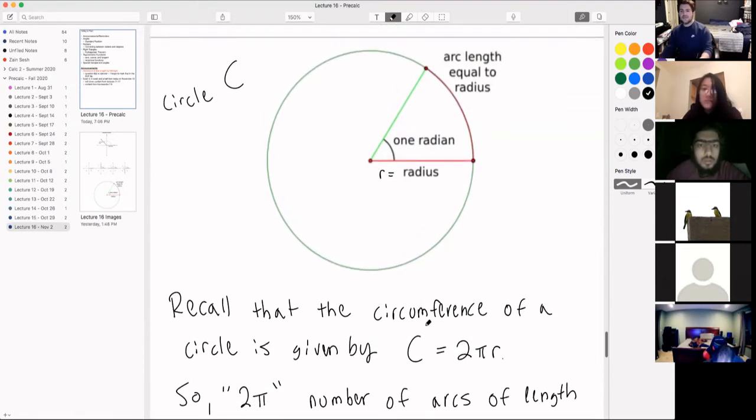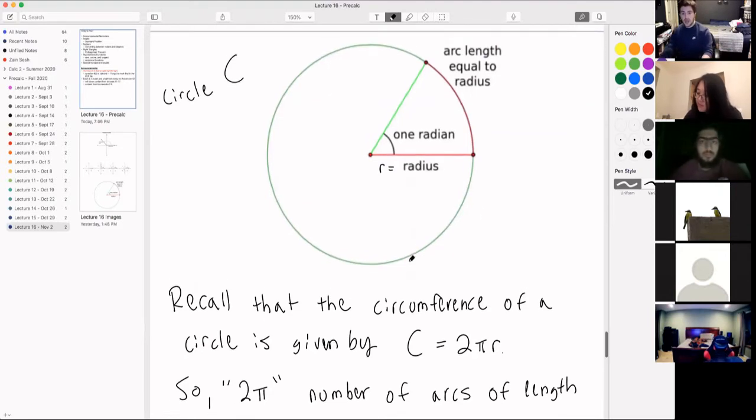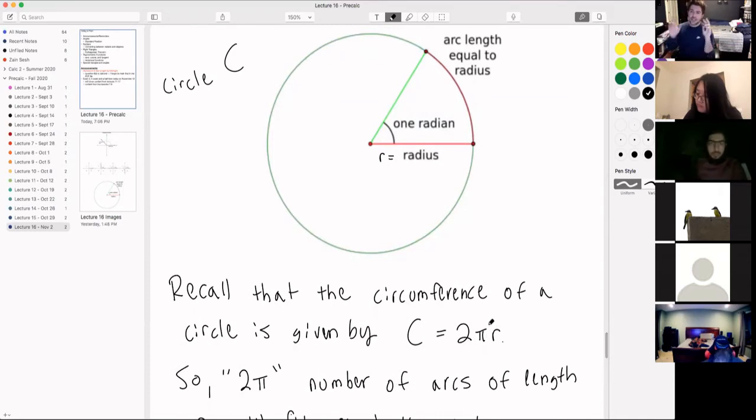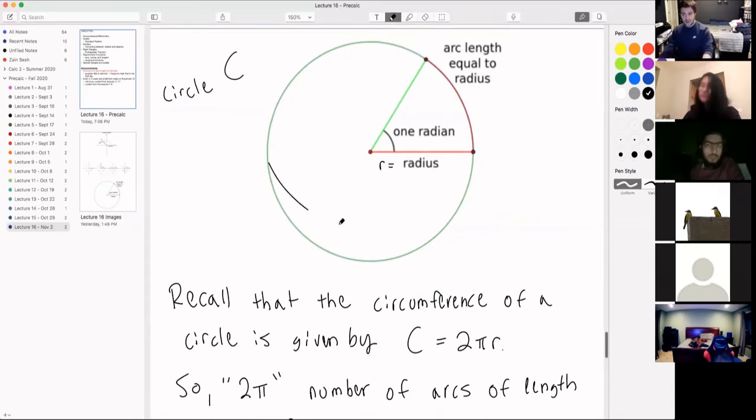If the distance around the circle, which by definition is the circumference, the perimeter of the circle, is 2 pi r, that means that 2 pi number of arcs of length r will fit exactly around this circle.